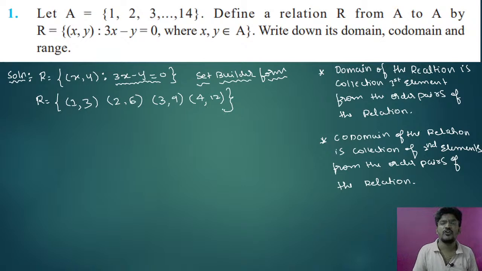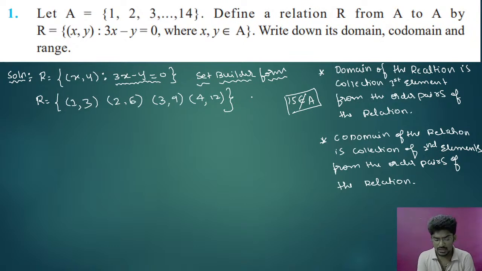I can't go for (5, 15) because this 15 does not belong to set A. Are you clear? Have you understood how to write the ordered pairs? Now we have written these ordered pairs in the form of roster. So this is called roster form.